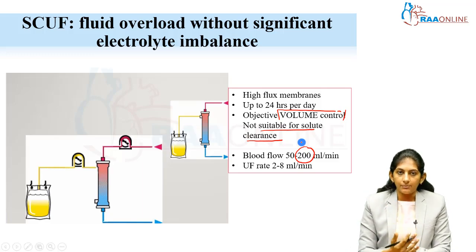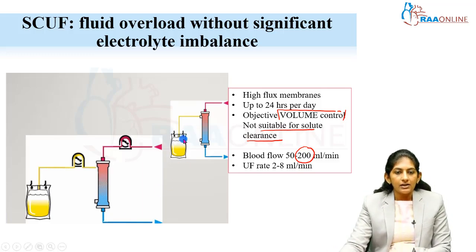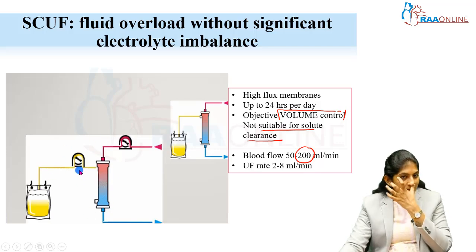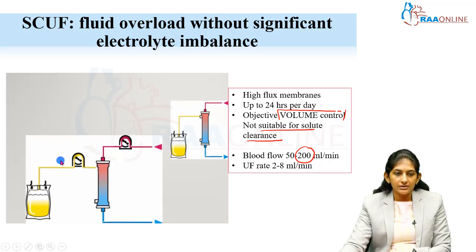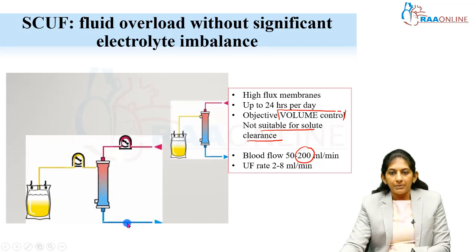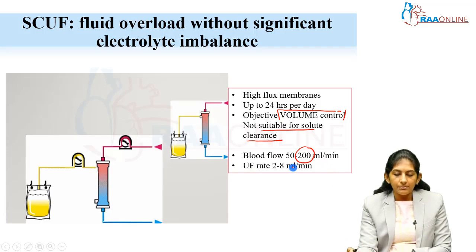So rapid flow can be achieved here also. From the patient's body, blood is going through the dialyzer. Through the filtration, all the excess fluid is removed to the effluent bag and then the blood goes back to the patient. The ultrafiltration rate will be up to 6 to 8 ml per minute. Slowest rate will be 2 ml per minute.